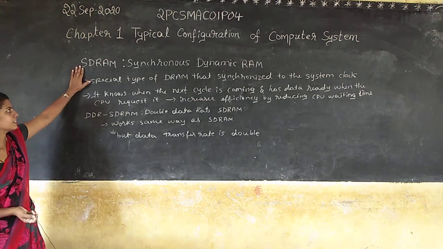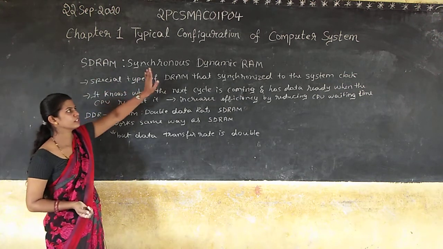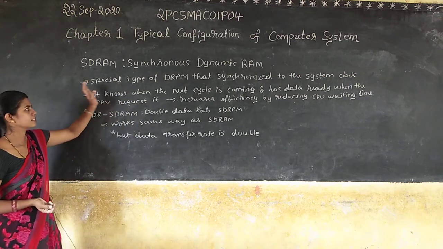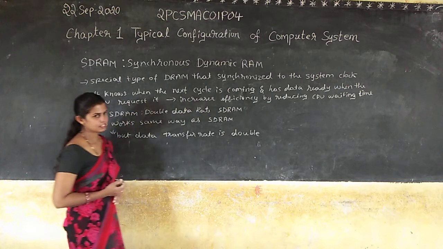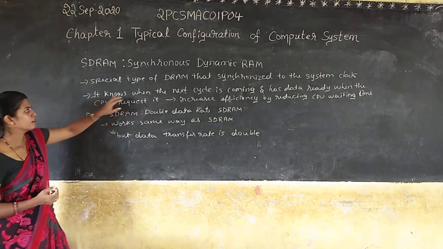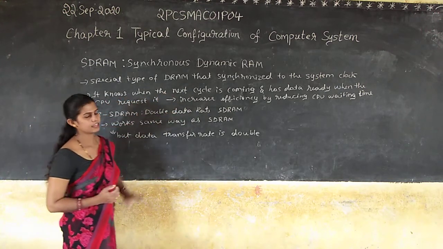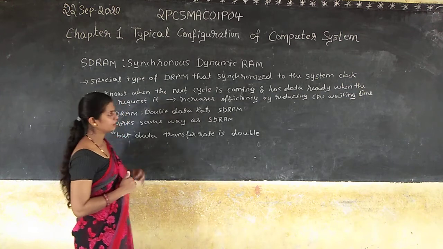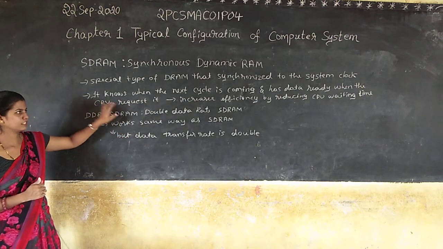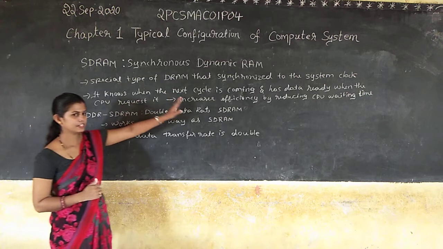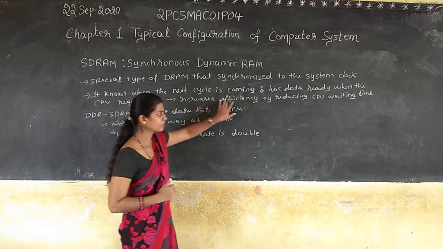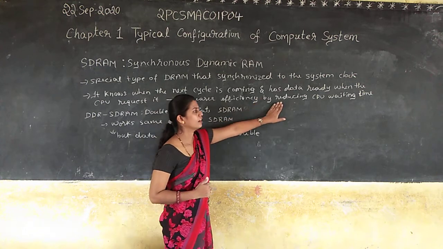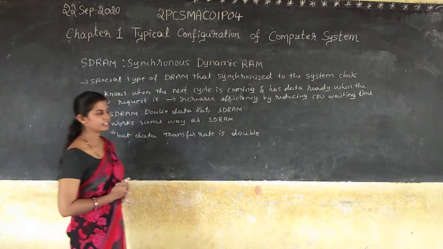So SDRAM is a synchronous dynamic RAM, a special type of DRAM that is synchronized to the system clock, and it knows when the next cycle is coming and has the data ready when the CPU requests it. That's why it increases the efficiency by reducing the CPU waiting time.